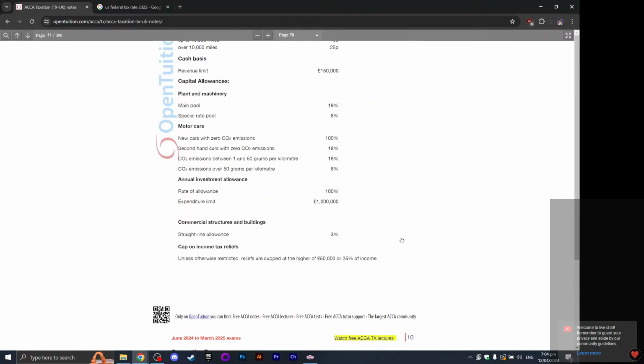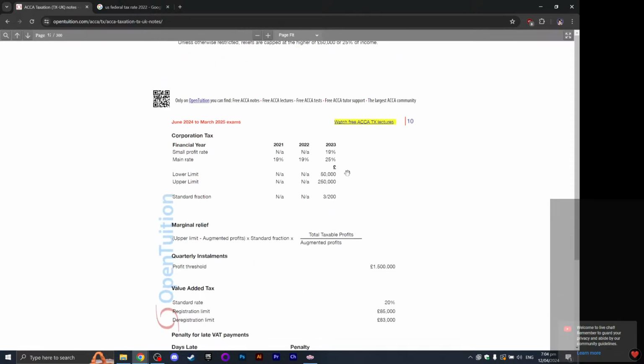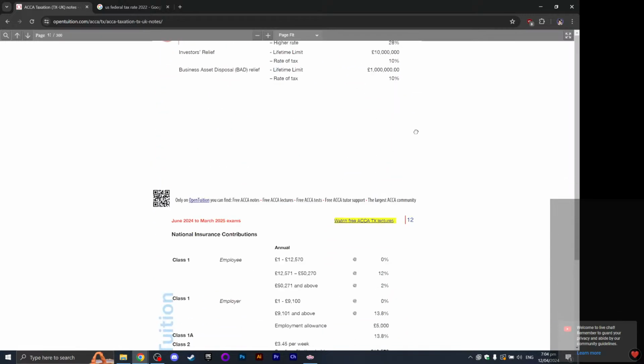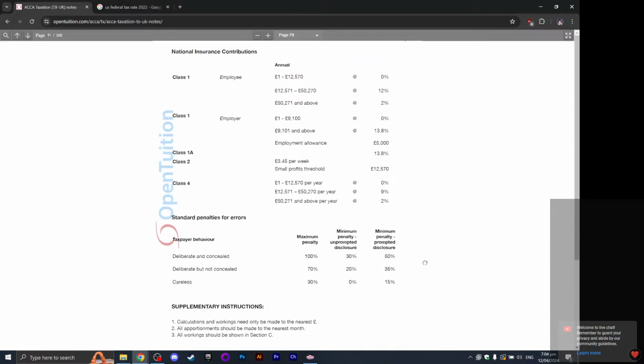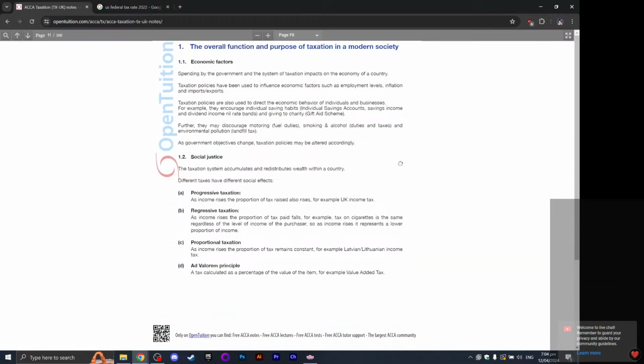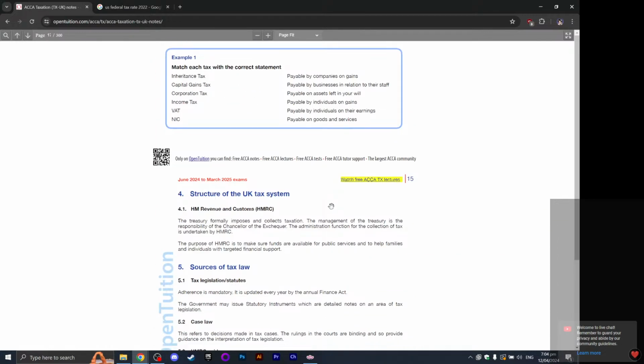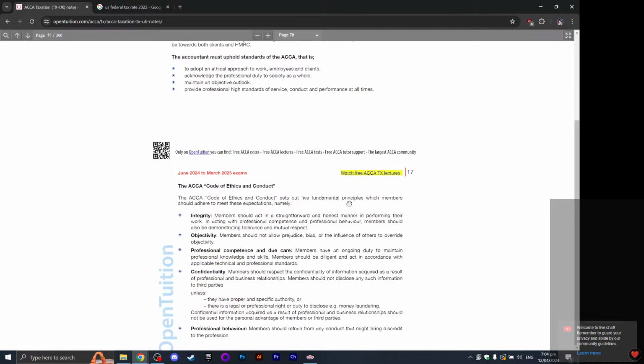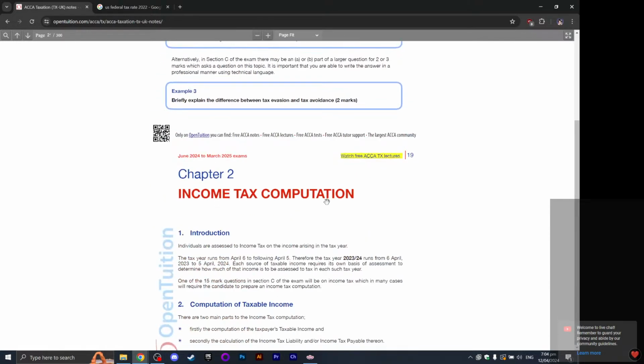Pension scheme. Okay. Oh, it's corporation tax. Okay. Where is it? UK tax system? No. Why didn't it want to go down?